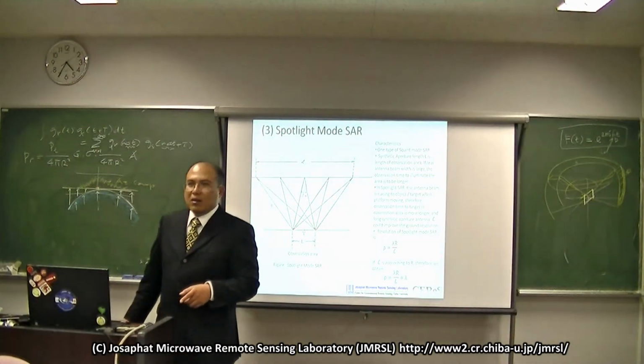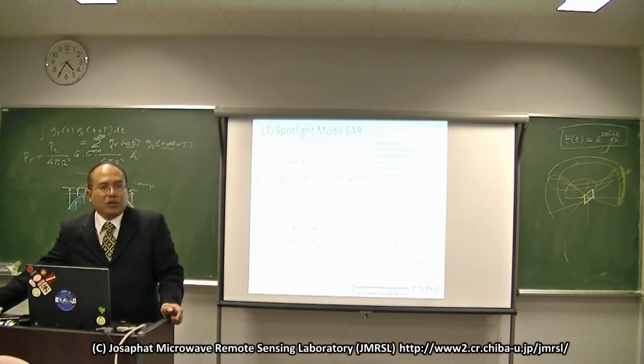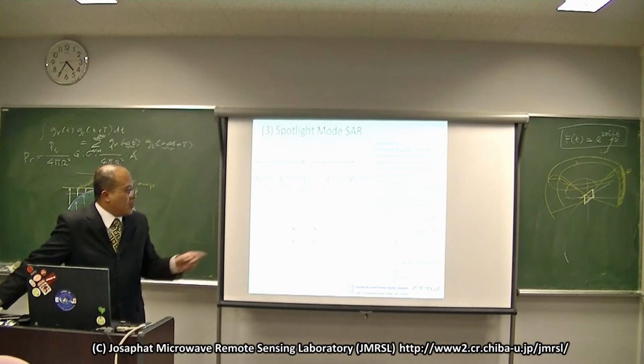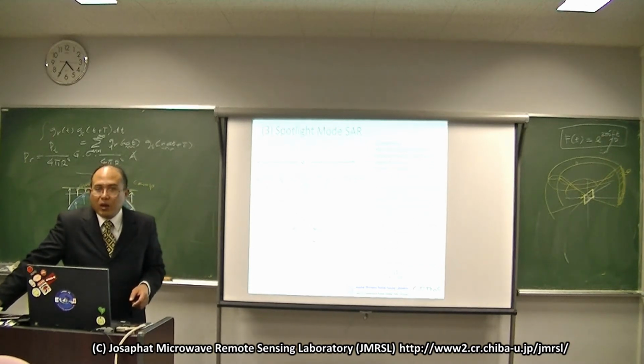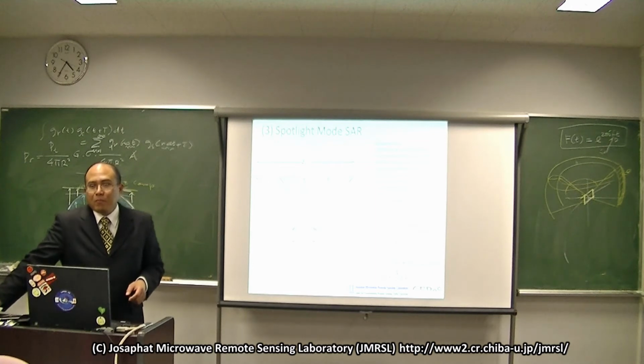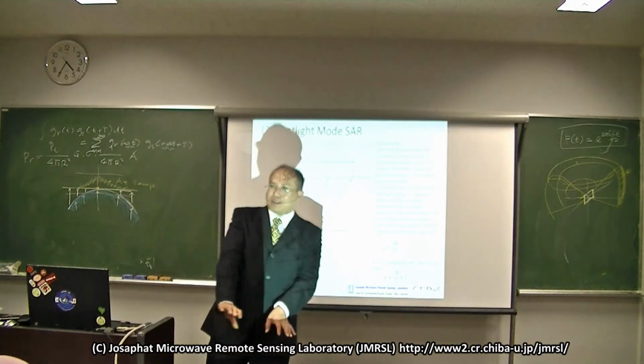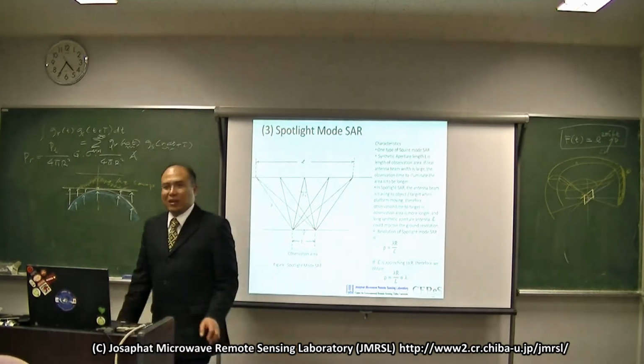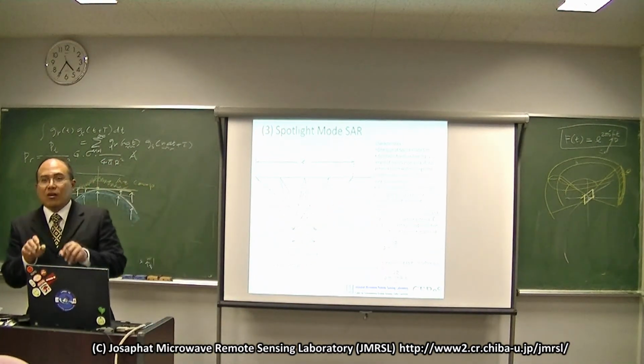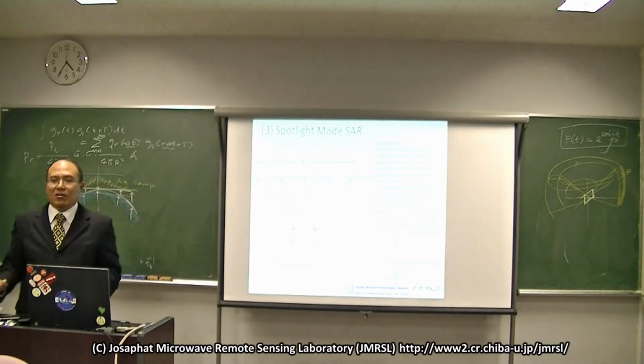If L-band, for example, you use spotlight, you can derive about 23 centimeters, the L-band wavelength. But you must observe the same area for a very long time. How to make the system is also one of the topics.